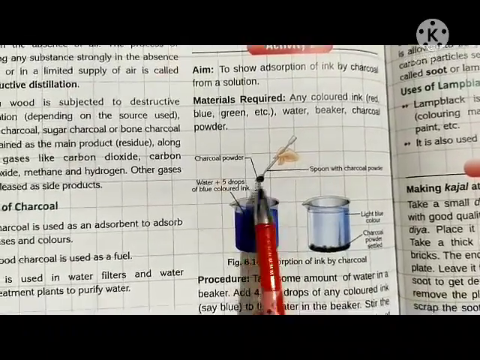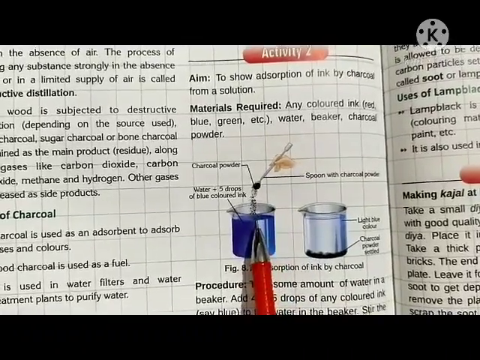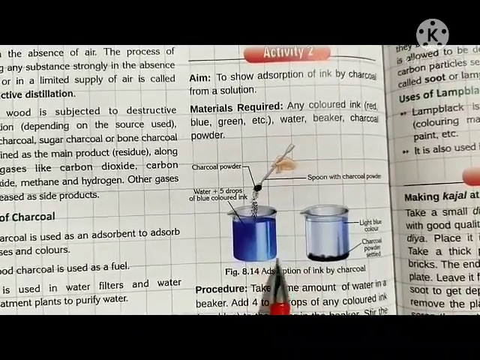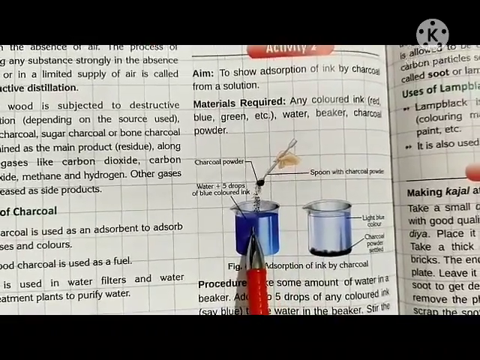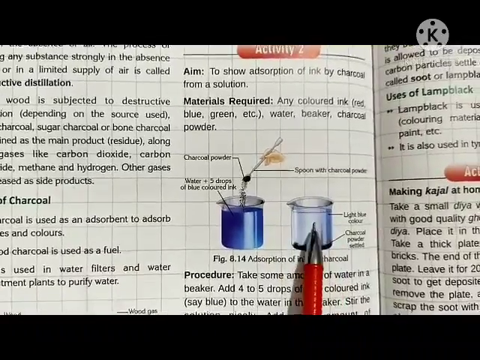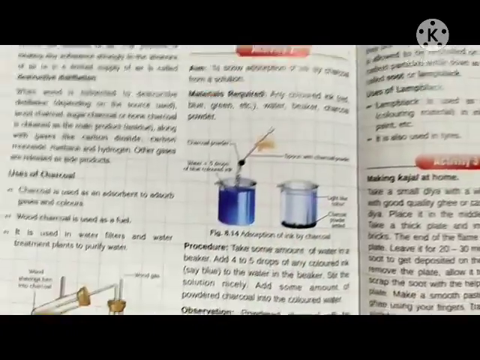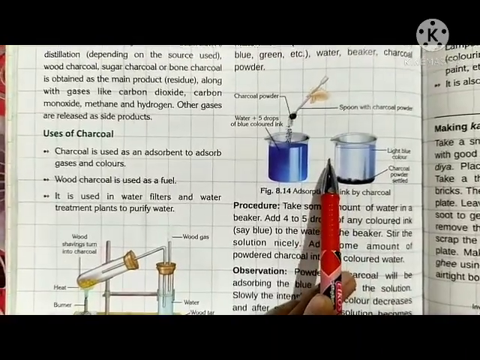Now when you put charcoal in a dark colored solution, the dark color of that solution will be absorbed by the charcoal, and as a result you will find a light colored solution. So this experiment shows the adsorption property of charcoal.